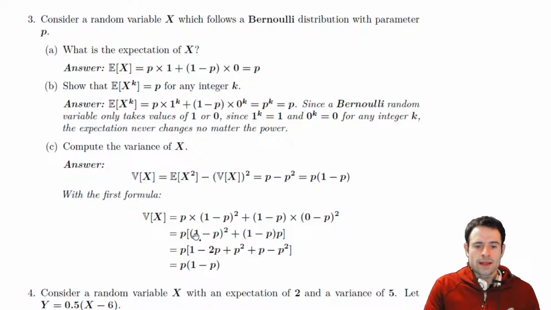So I get not p times 1 like before, but this time this 1 is going to be replaced by 1 minus the expectation, which is p, and then I square that difference. Then for the second term, it's going to be 1 minus p times not 0 alone, but now 0 minus p, because p is the expectation, and then I take the square of it.